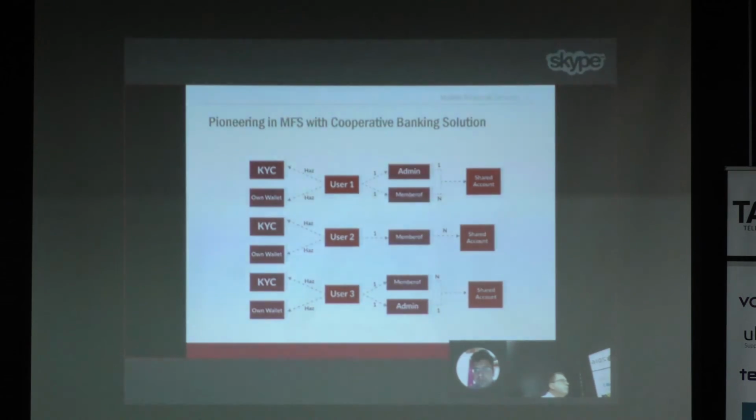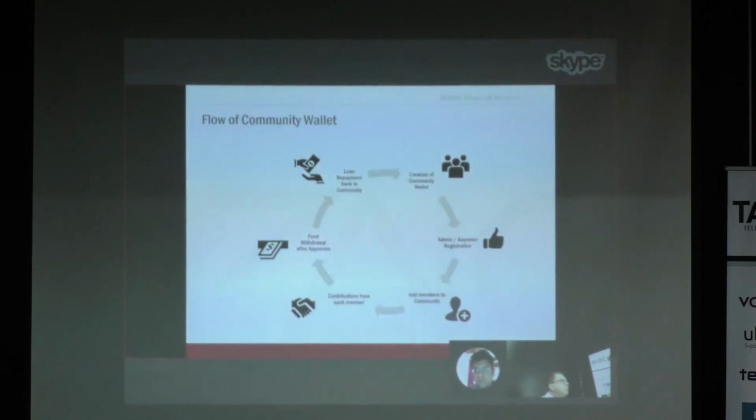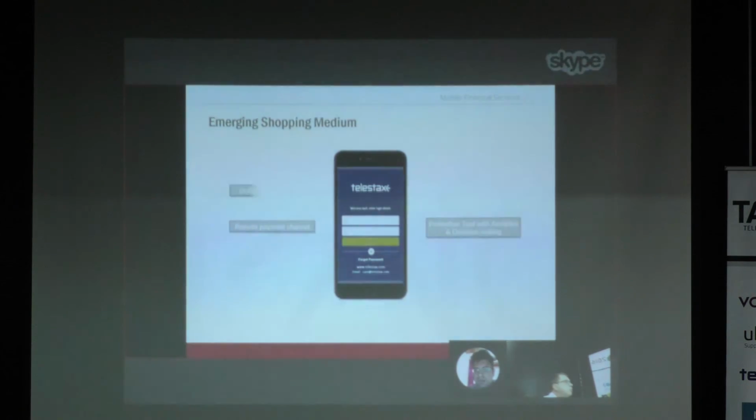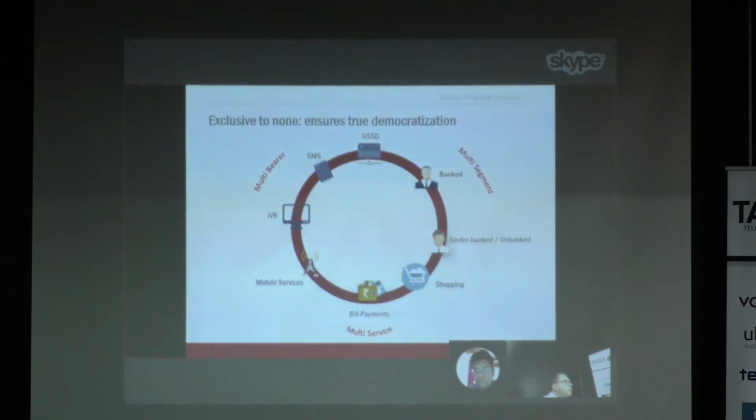Okay, so we're presenting the main message that we want to leave you with. We're creating a solution that is exclusive to none and ensures true democratization. How are we doing this?